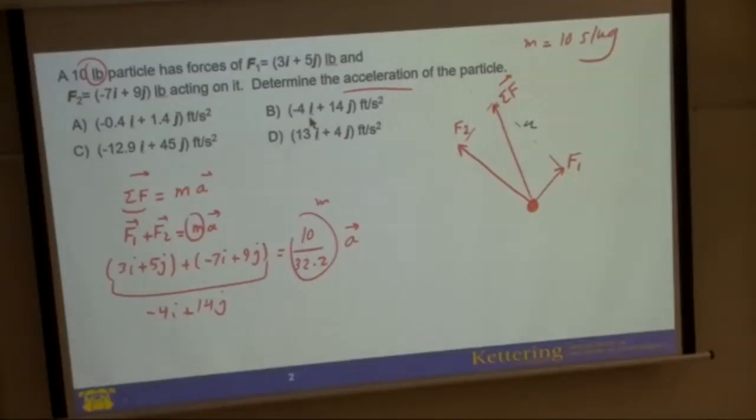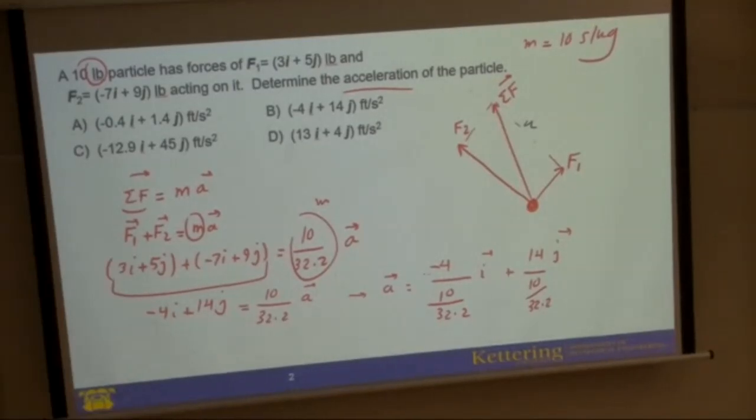Some of you found this and selected this one. Some of you just divided by 10 and found this one. But this one is the right one: to find the acceleration, it is -4 divided by (10 over 32.2) i plus 14j divided by (10 over 32.2).